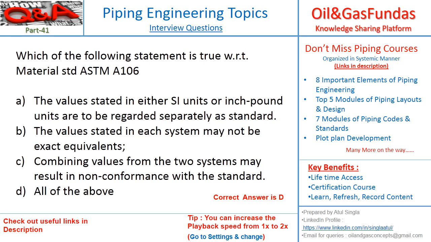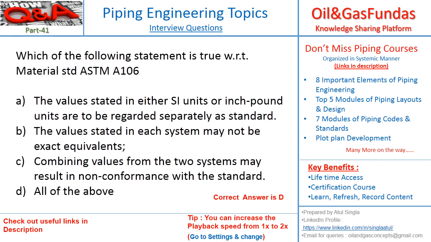The first statement is talking about the values stated in either SI or inch pound, which are to be regarded separately. We cannot club these, we have to refer to these standards separately. These have no correlation with each other. So the first statement is correct. The statement that values stated in each system may not be exact equivalents: once we try to convert SI unit into inch pound, exact values will not be there.